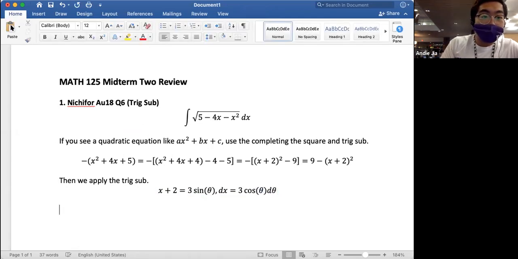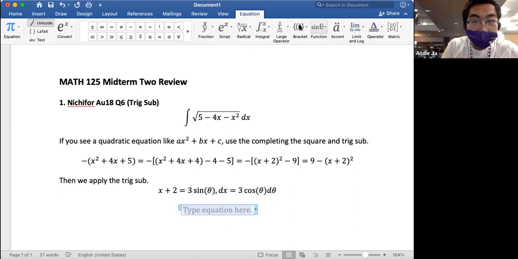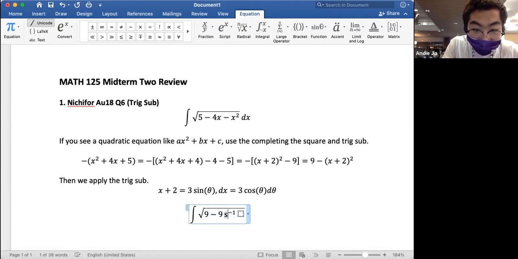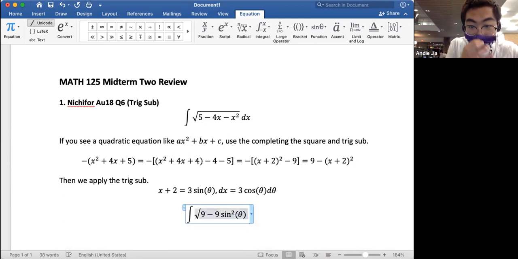And then we write the integral of the square root of 9 minus 9 sine squared theta.